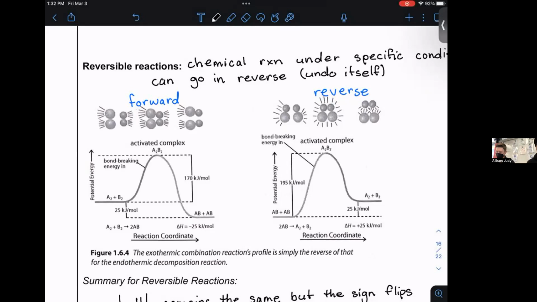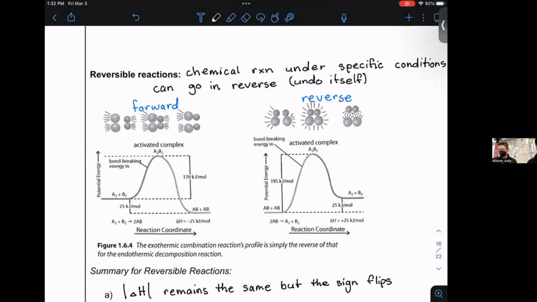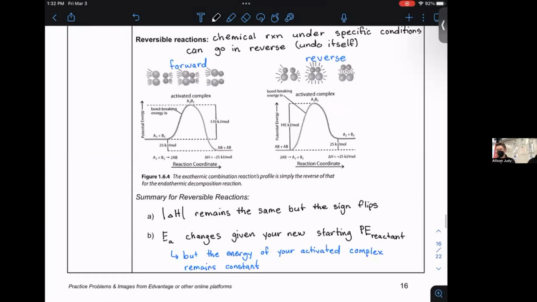The big idea here, and this will be important in unit 6, is down below right here. As you can see, the distance between the potential energy of the reactants and the potential energy of the products remains the same, because that's just how distance works. But the sign is going to flip.